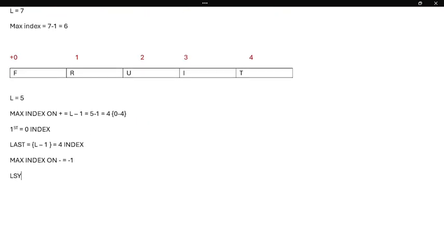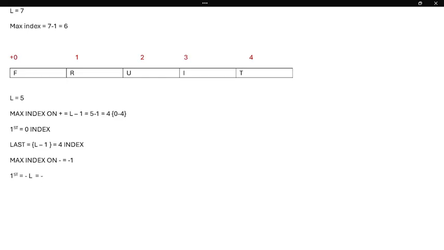Negative, last and first index. The first will be at, sorry, it will be at minus of L. Minus of L means what is the length, sir? 5.